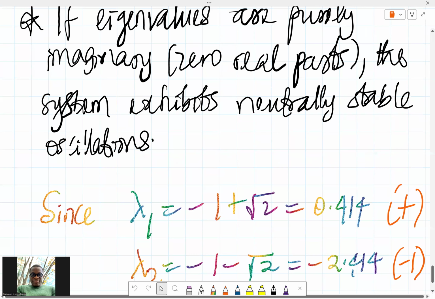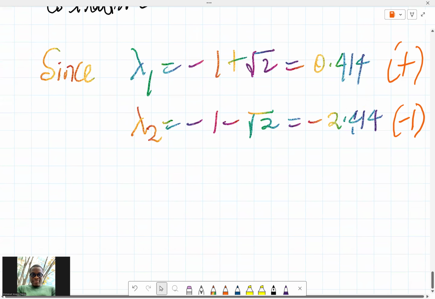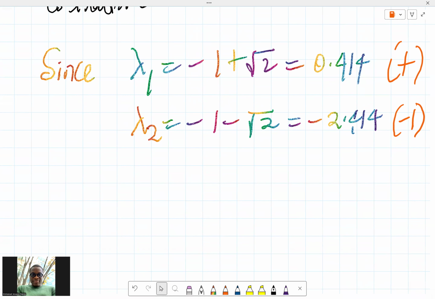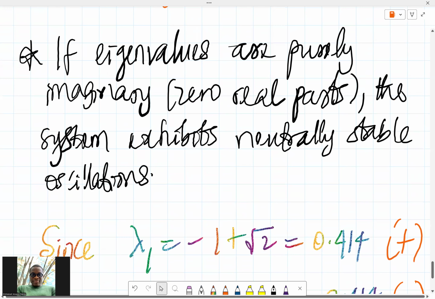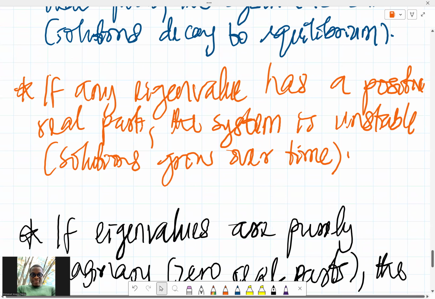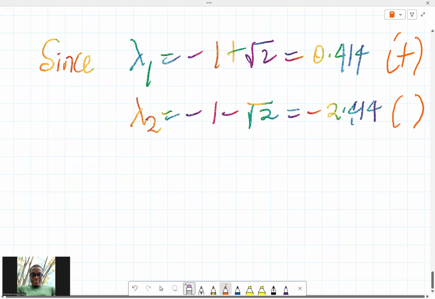They are all real, there's no imaginary part. But one is positive, one is negative, so we go for that second condition: if any eigenvalue has a positive real part, the system is unstable. So automatically the system we're talking about here would be unstable.